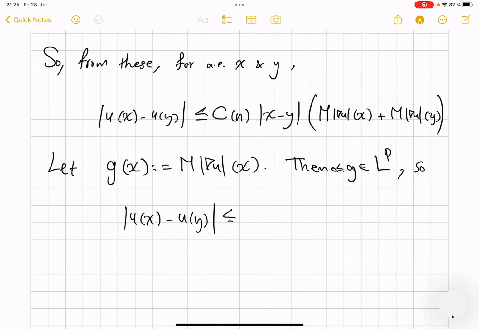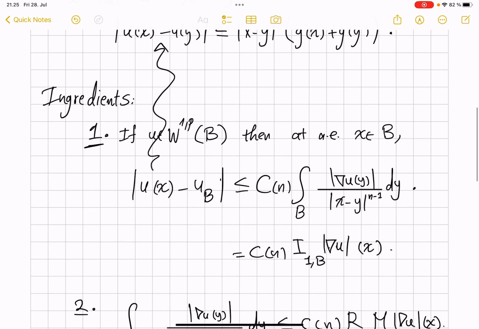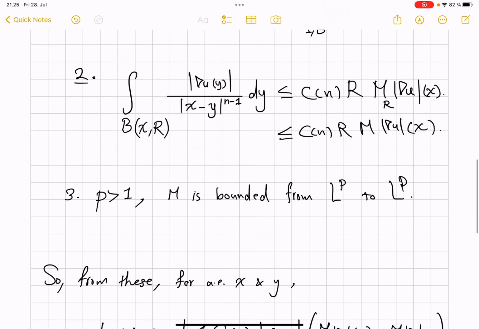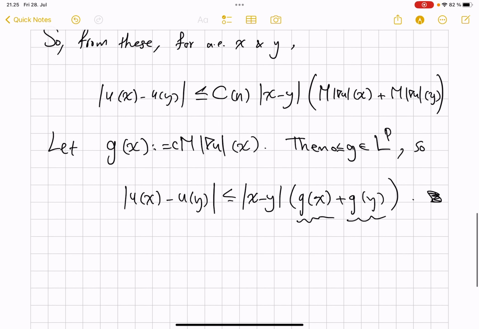We can also put the constant c up front so that it's absorbed into g. So this becomes g(x) plus g(y), end of the story. With this we prove that if you are in W^{1,p} of R^n, or just the ball, then you can produce this Hajlasz gradient g of x out of the maximal function of the gradient.